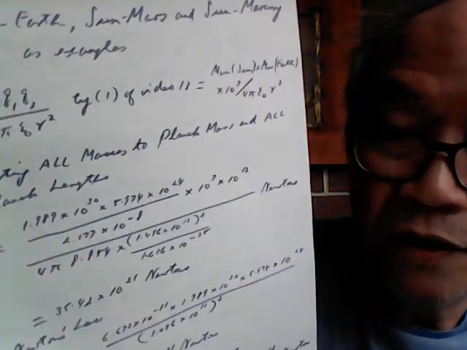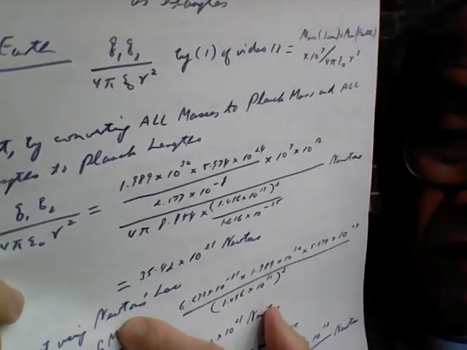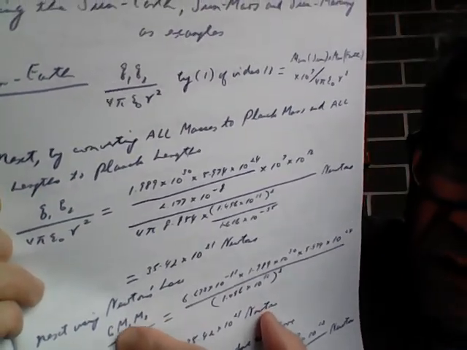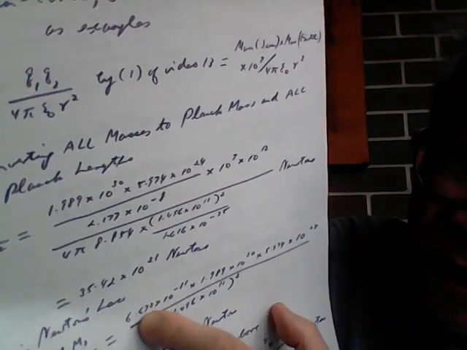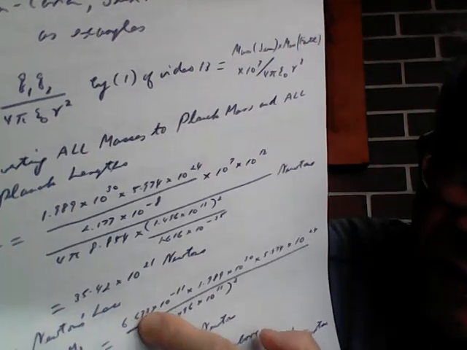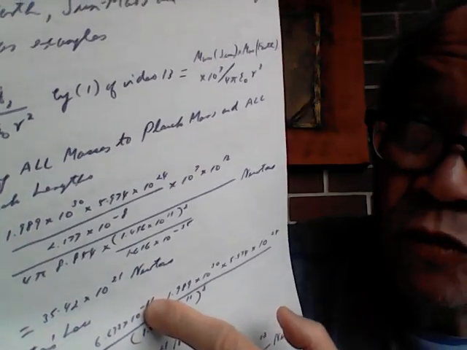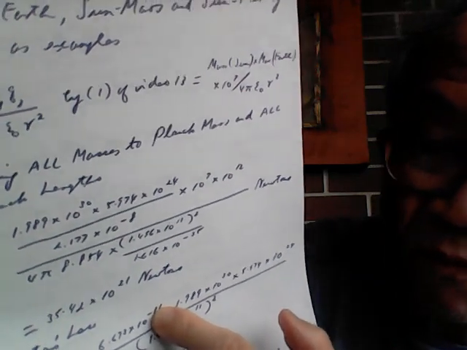Now, next we use Newton's equation. G is familiar: G m1 m2, the mass of the first body and the mass of the second body, over R square. So G is 6.673 times 10 to the minus 11. Its unit, very strange, is called newton meter square per kilogram square.